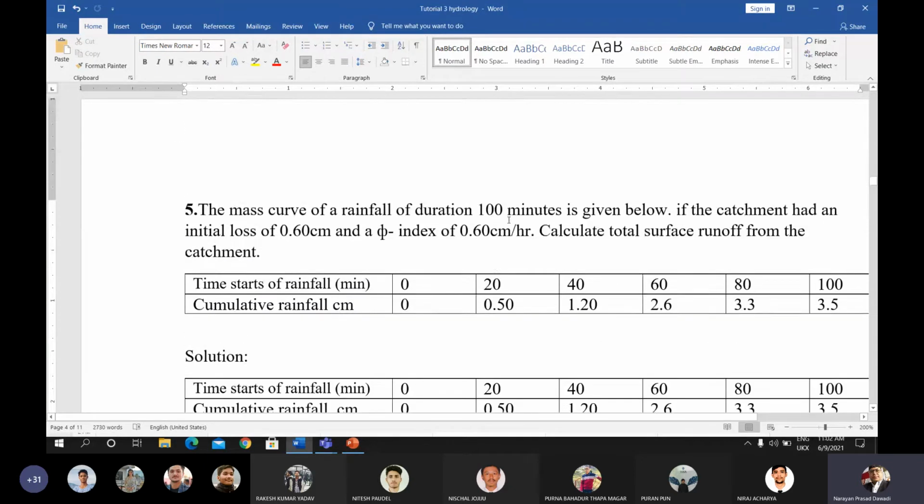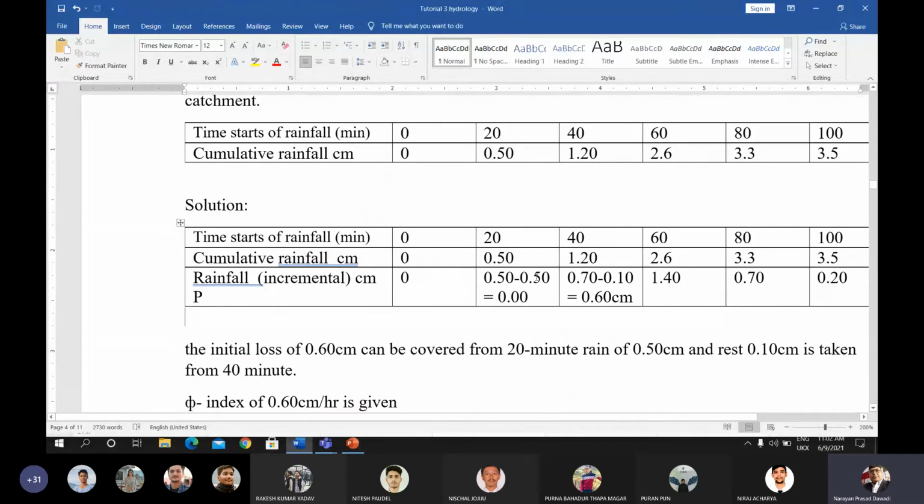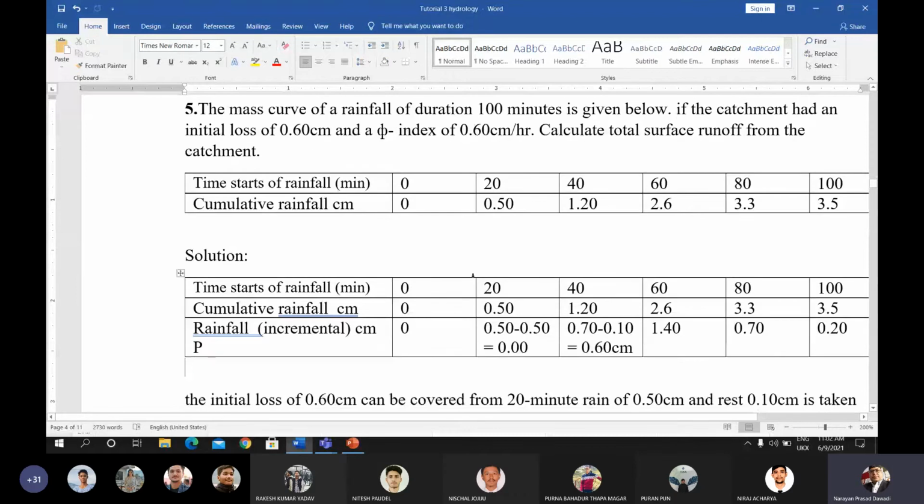Now the initial loss is given as 60 centimeter, it's 0.60 centimeter. The first hour rainfall is only 0.50 centimeter. This rainfall is not sufficient for 60 centimeter of the initial loss. So the 0.10 centimeter should be taken from the second 20 minute rainfall.